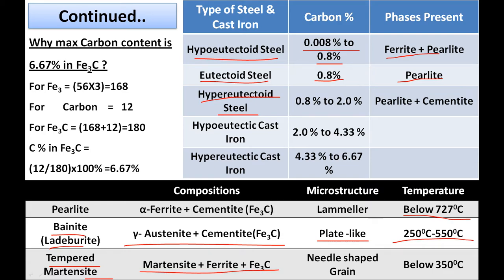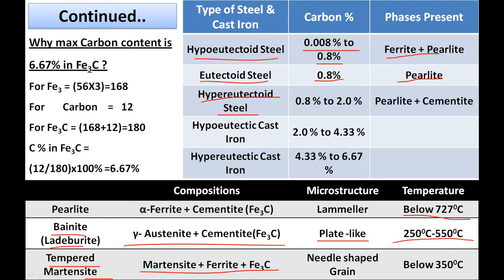What is martensite? Martensite forms when a steel or iron-carbon alloy is quenched, that means very rapidly cooled. What happens at that time? Carbon cannot diffuse out of the crystal structure. Then what happens? It stays in the crystal structure, but it does not want to stay there.